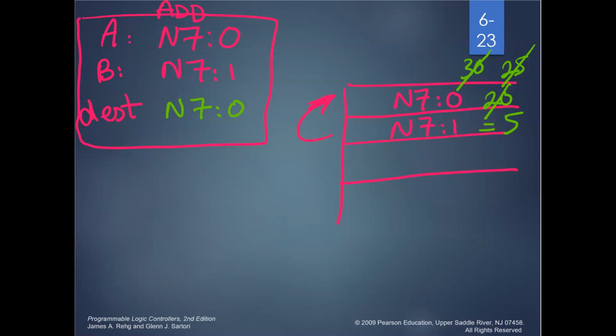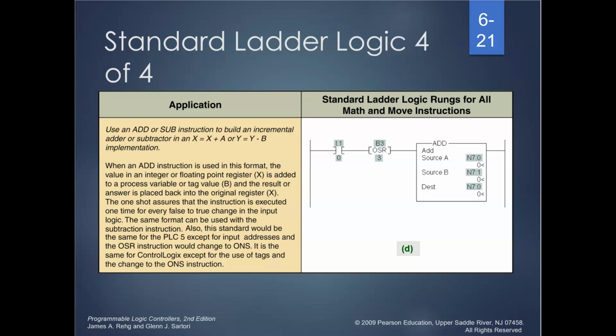That's why you need to make sure, in applications like this where you have an accumulative process, when you have x as x plus a or y as y minus b, so if you're constantly subtracting or adding a value to one part of memory, that the signal that is activating this instruction is not true for more than one scan cycle.